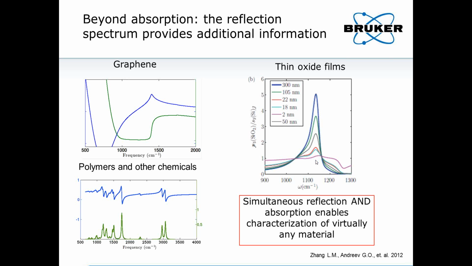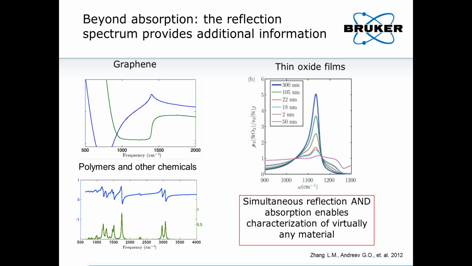But this was experimentally verified, and this is some work that I did in grad school. We were actually able to see a 20% contrast between a 2 nanometer silicon oxide region and silicon. So this method is very sensitive to even the thinnest materials.